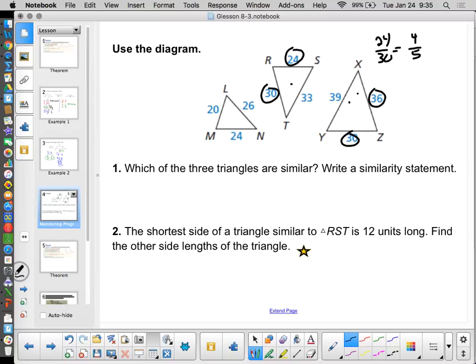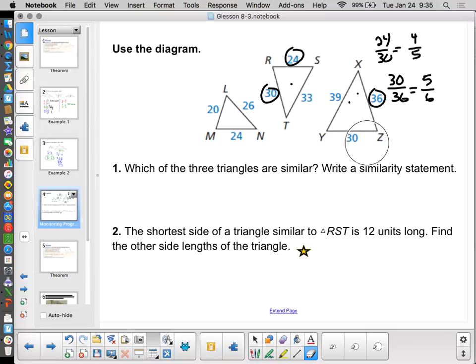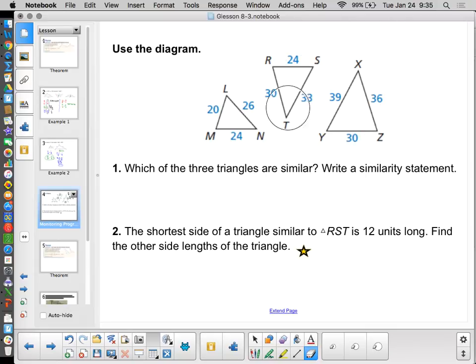So shorter one first, 30 over 36. 6 goes into both of those, that's 5 over, oh dear. No. Not reducing to the same thing, not similar. All right, so we're out of luck on that one.